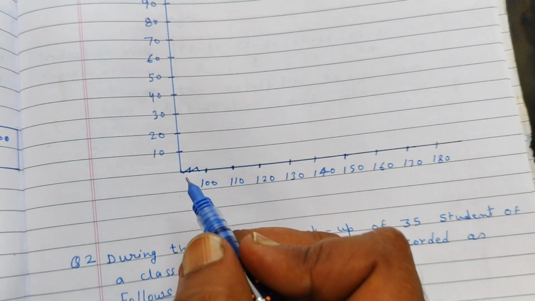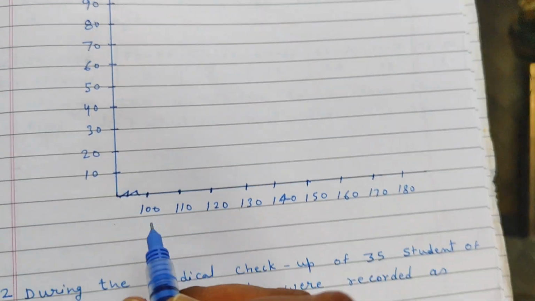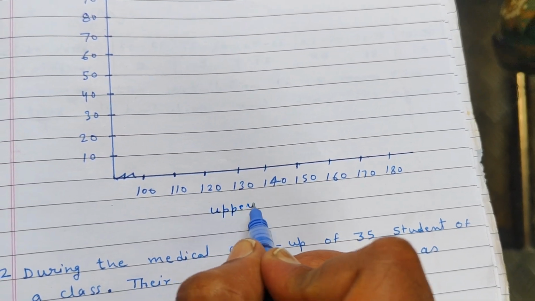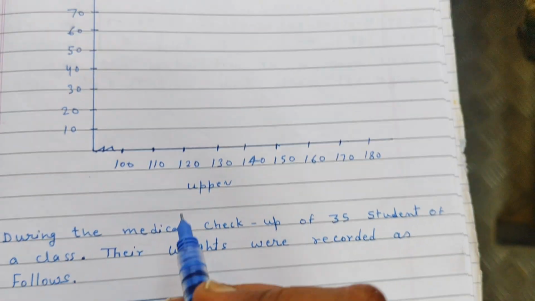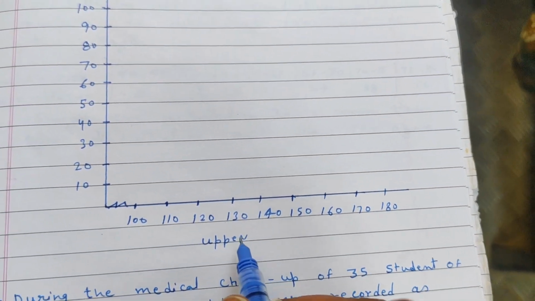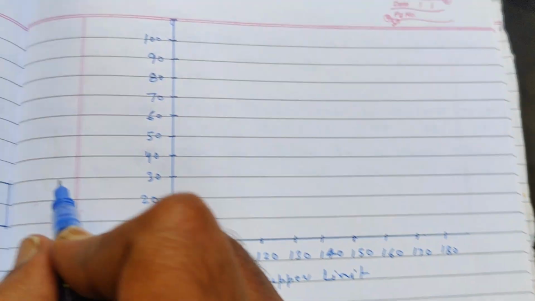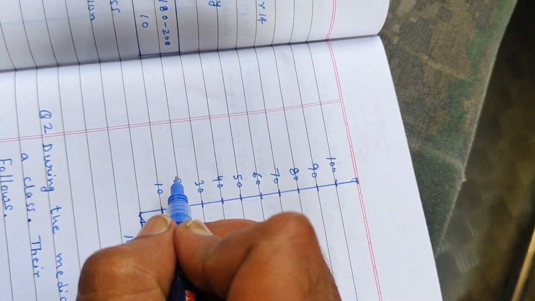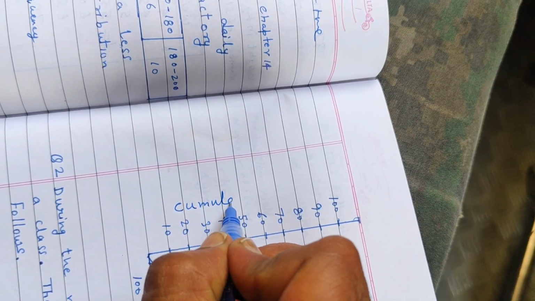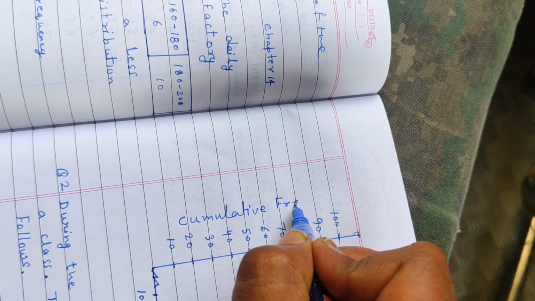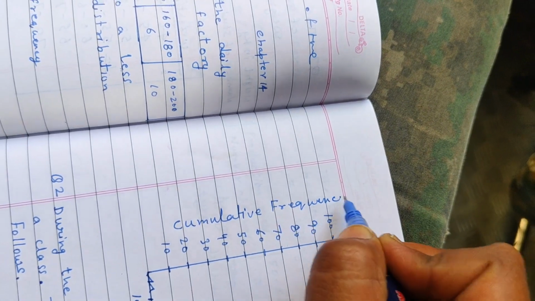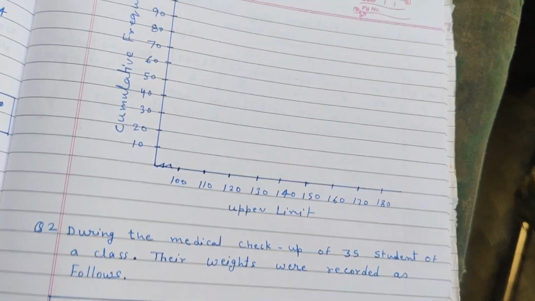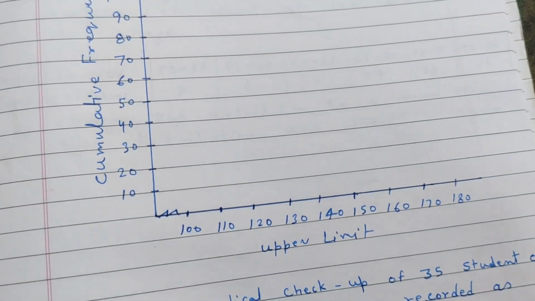Here is the upper limit, and here the cumulative frequency.